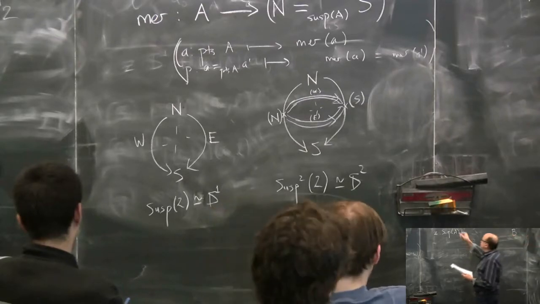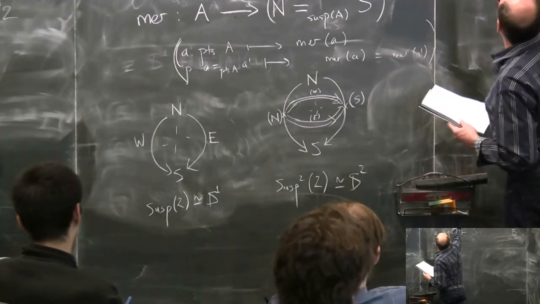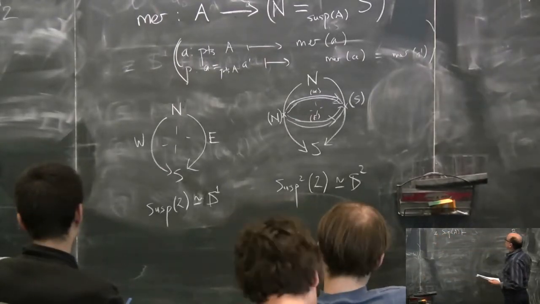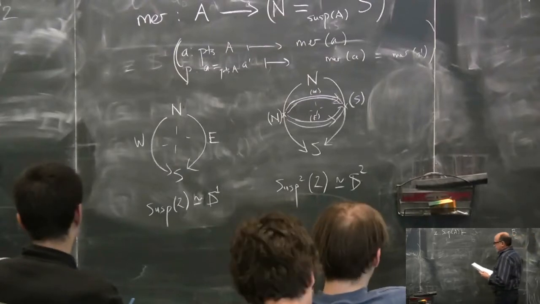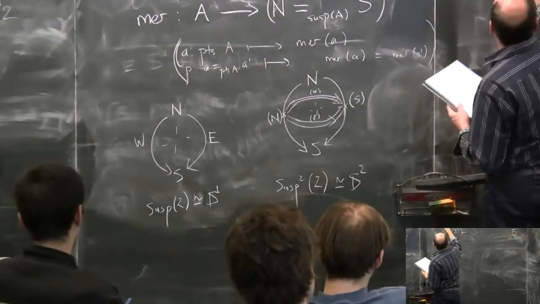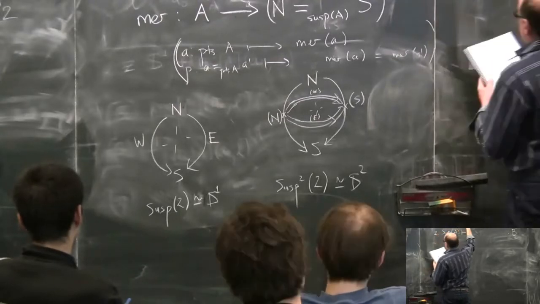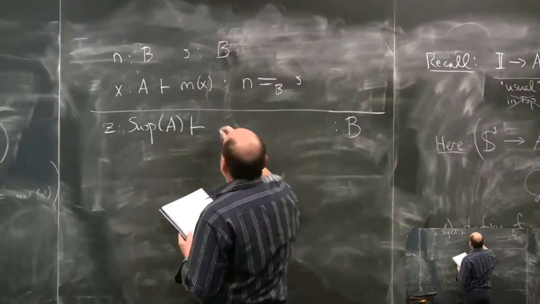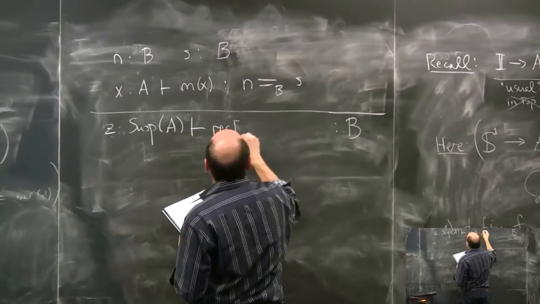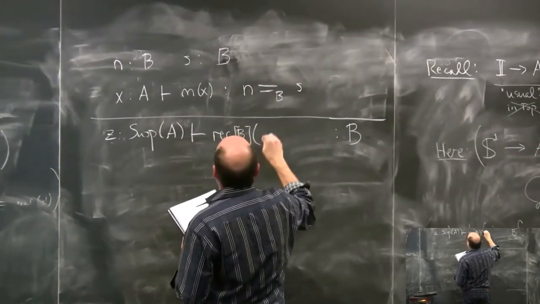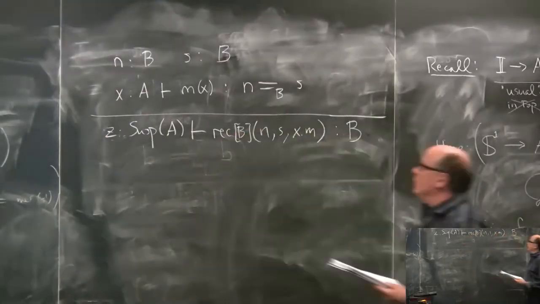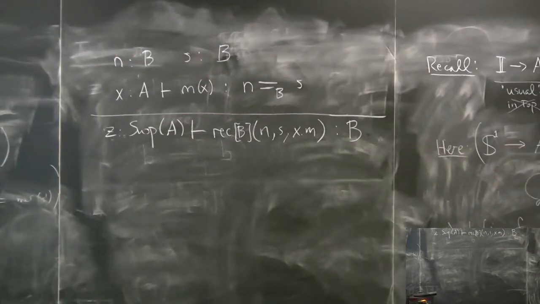If B itself has suspension-looking structure, so it has a north and a south pole, and there are different ways to write this, but one is for X in A, we have, let's call it M of X, a proof that north is equal to south in B. Then the recursor, with B as the target, with N and S and X dot M, is the thing that witnesses that you have an element of B.